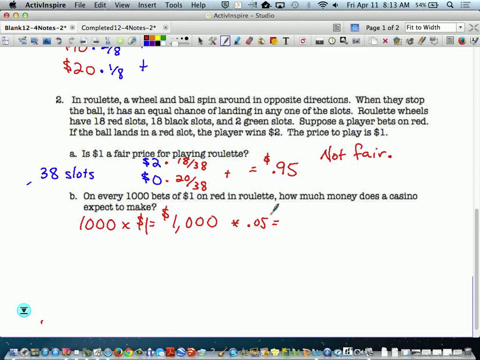The player expects to take 95% back, 5%, or you could say the casino for every 1,000 is expecting to take 0.05 of a dollar, and what is that? Move your decimal 3 times. $50, right?